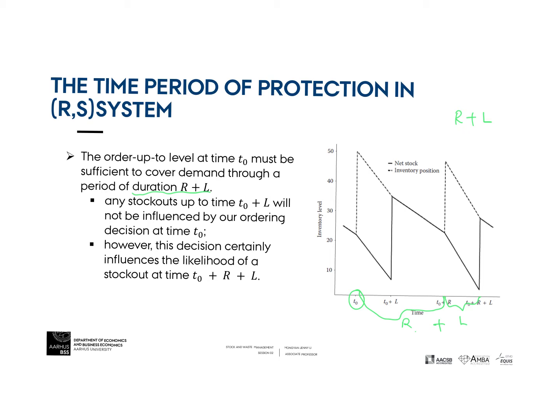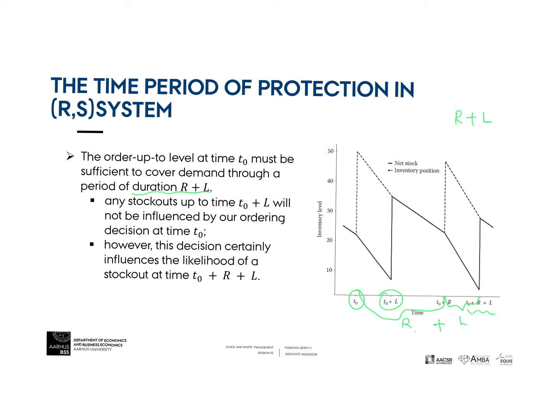Any stock outs up to time T0 plus L will not be influenced by your current ordering decision at time T0, but this decision will definitely influence your likelihood of stock out at the far end, time T0 plus R plus L.